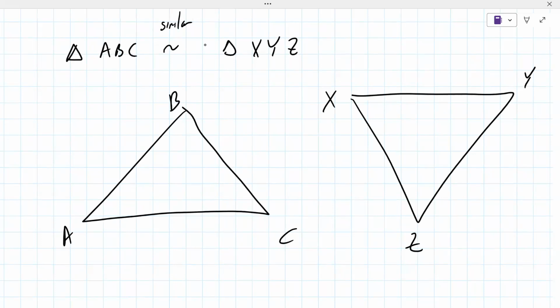XYZ pretty much looks the same, except it's upside down. Yeah, so the thing that does not matter is the orientation, whether it's rotated or flipped or on its side. What matters here is not the triangles themselves, it's the letter order.